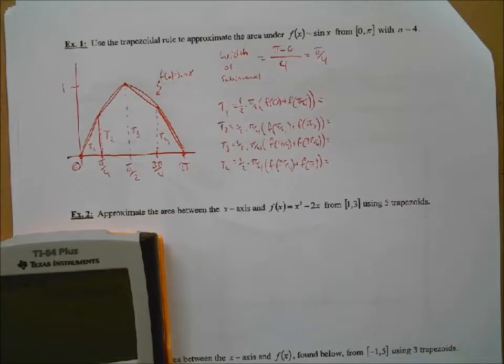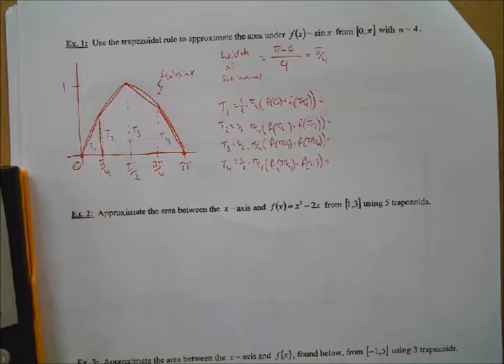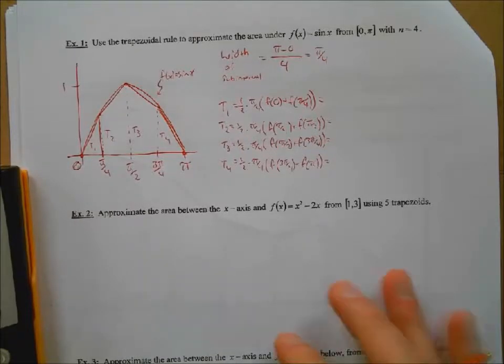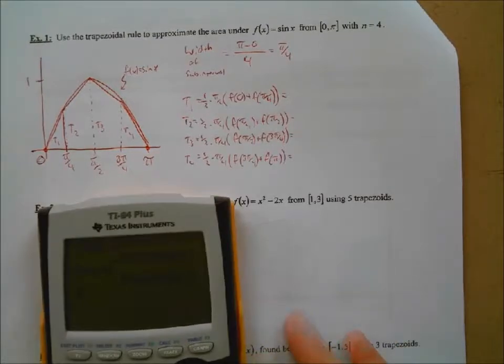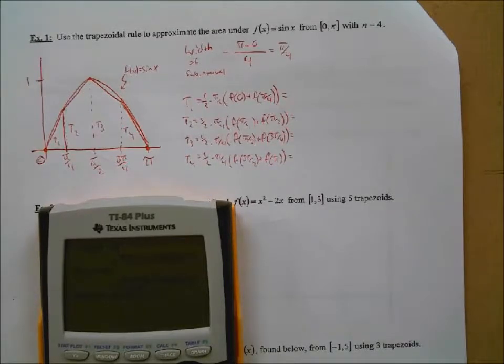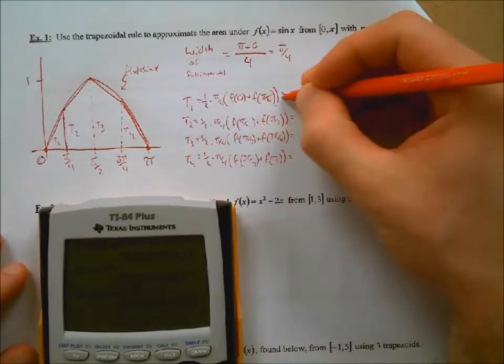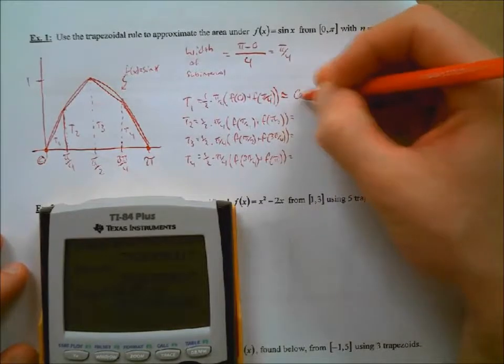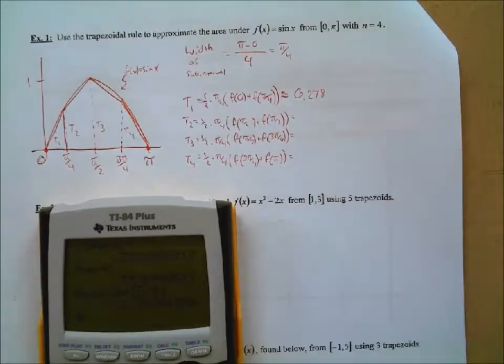So then let's see here. So now I'll store that as x, and then we'll do that times 0 plus root 2 over 2. Okay, so I get this to be about 0.278.